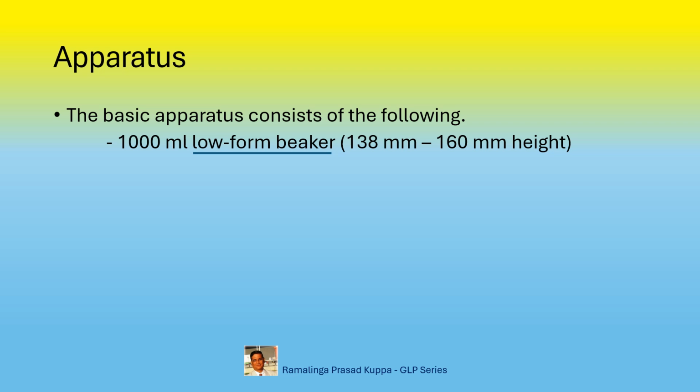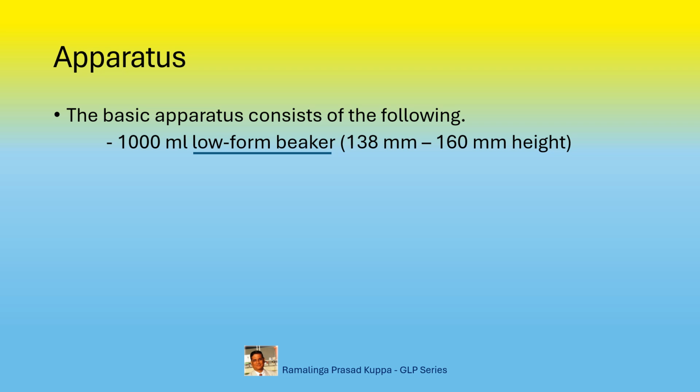What is a low form beaker? The low form beaker will have a height of 1.4 times the diameter of the beaker. So, if the beaker diameter is between 97 mm and 115 mm, the height will be between 138 mm and 160 mm.